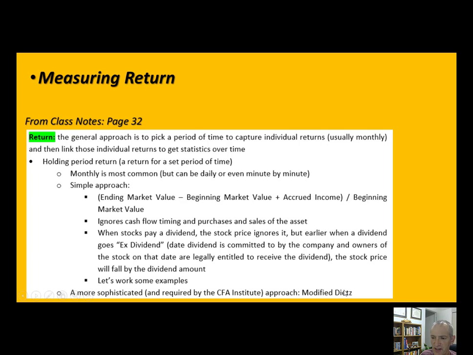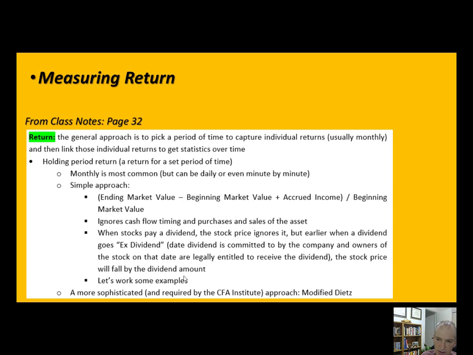Wikipedia actually does a very good job of showing modified Dietz. Modified Dietz is the official way firms do it, and what modified Dietz does is it adjusts for the timing of these cash flows, purchases and sales, and does it in a way that the portfolio manager does not get penalized because the client makes a bad decision on when to give them more money. Maybe they send in $1 million right at the top of the market, and that's not the portfolio manager's fault. And so the modified Dietz adjusts for those cash flows so they do not affect the overall return.